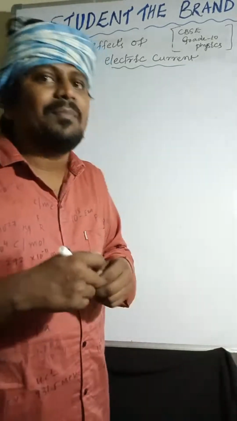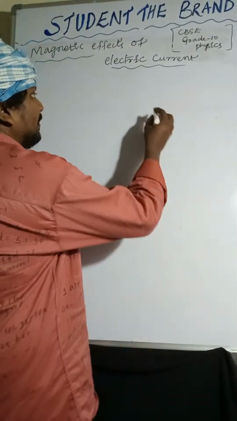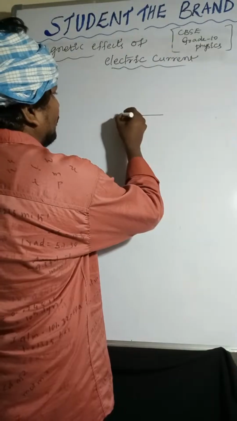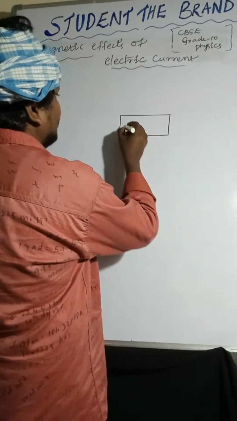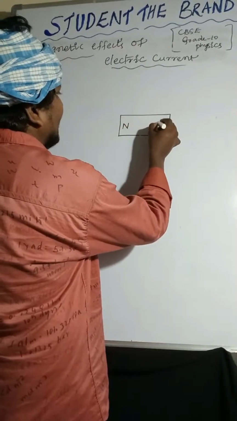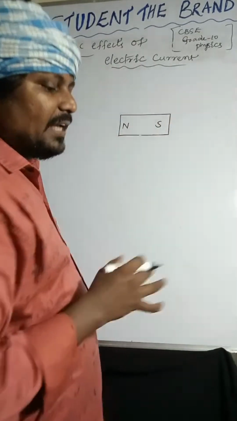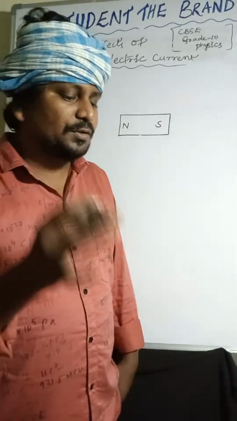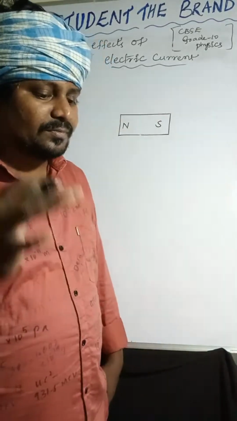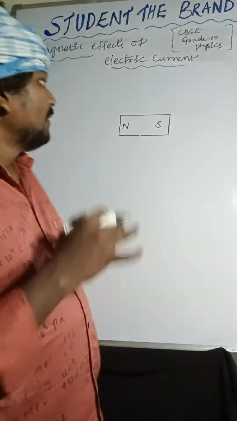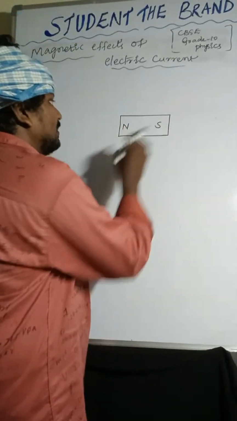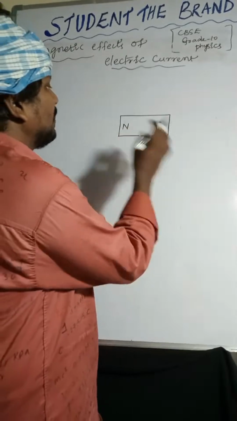I'm taking a bar magnet, which is an artificial magnet. A magnet has two poles: one is the north pole, another is the south pole.